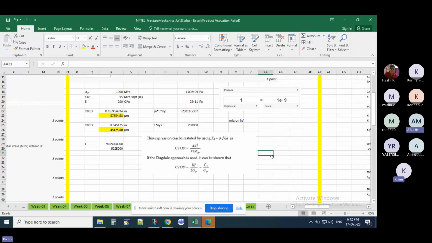I think I did the unit conversion wrong. 95 will be 95 into 10 power 6, whole square. So 95 into 10 power 6 will become squared, that K1C value.